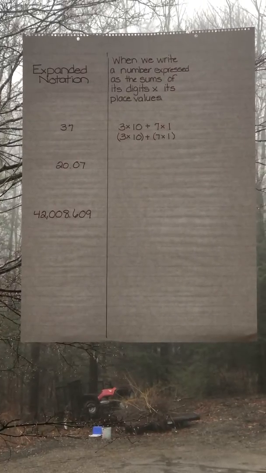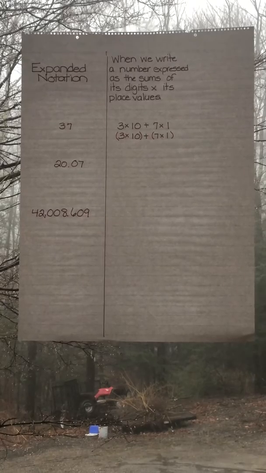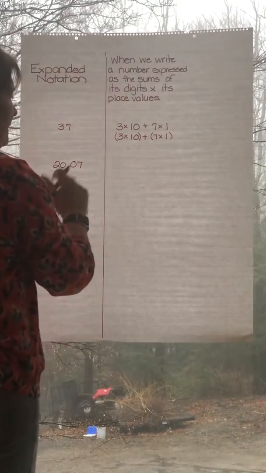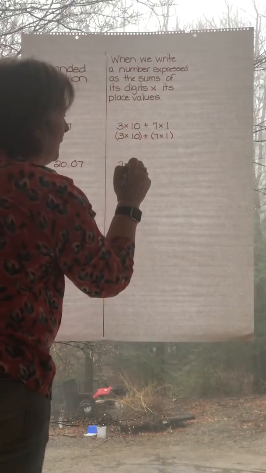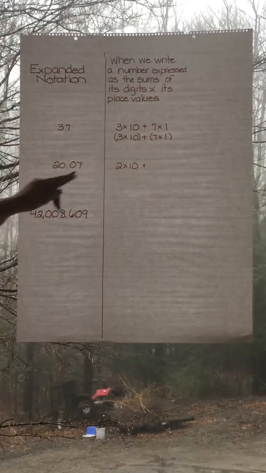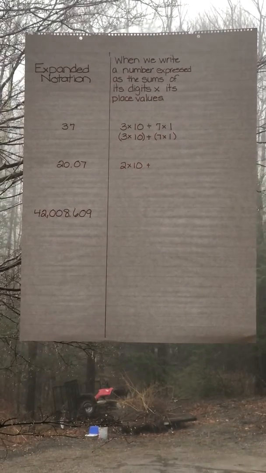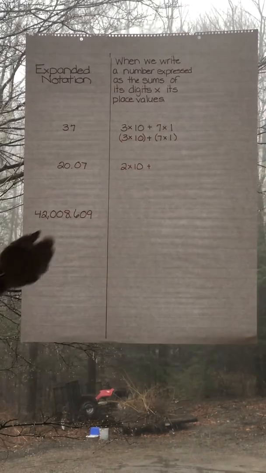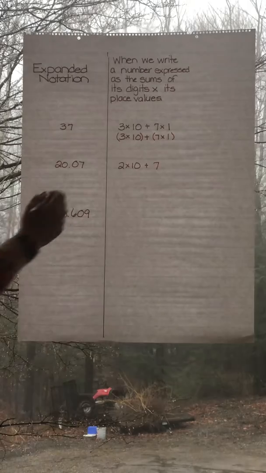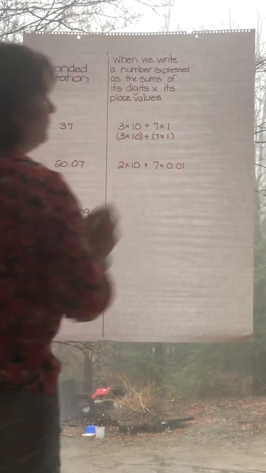Okay, let's take a look at the next one. 20 and 7/100ths. Well, once again, we have the tens place, so there's a 2 in the tens place, and then there's a 7, that's the digit, times the place value, which would be the hundredths place. So it would be a 7, no decimal point, times 1/100.